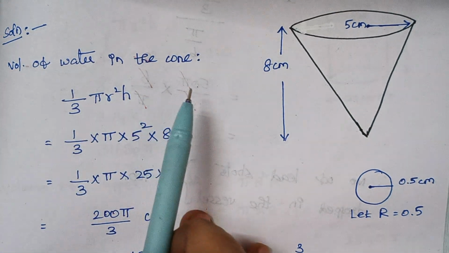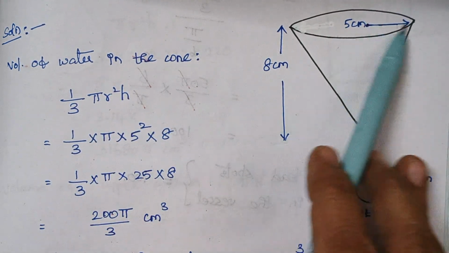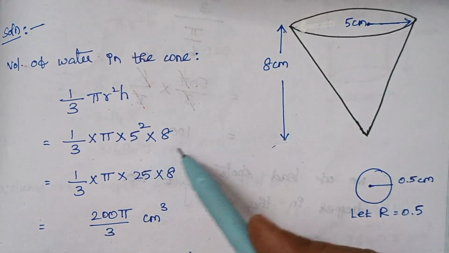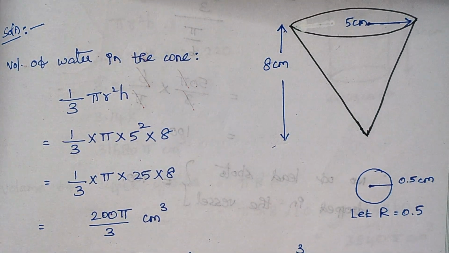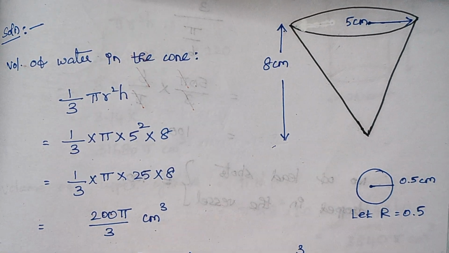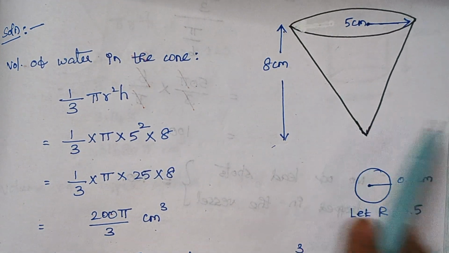It is given by the formula 1/3 pi r square h. Here the value of r is 5 and the value of h is 8. Just substitute the values, and finally we get 200 pi by 3 centimeter cube. So this is the volume of the cone, or volume of the water.